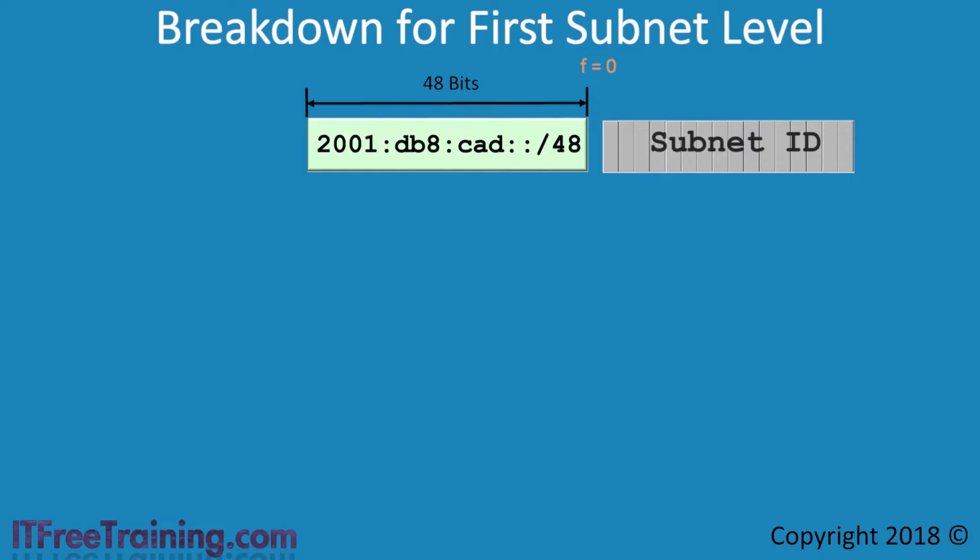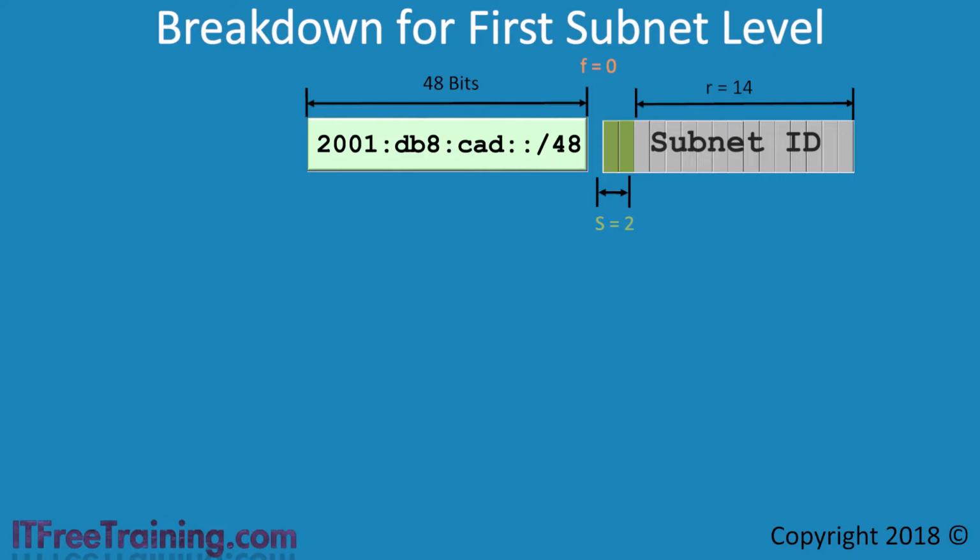The next step is to allocate some of the bits for the subnet ID. Since 3 networks are required, 1 for each country, the powers of 2 table told us that 2 bits are required. This will give a total of 4 networks. So to account for this, I will allocate 2 bits of the 16. This leaves 14 bits of the subnet ID unallocated. The next step is to start working out the addresses of each network. That is, the addresses that will be used for each country.